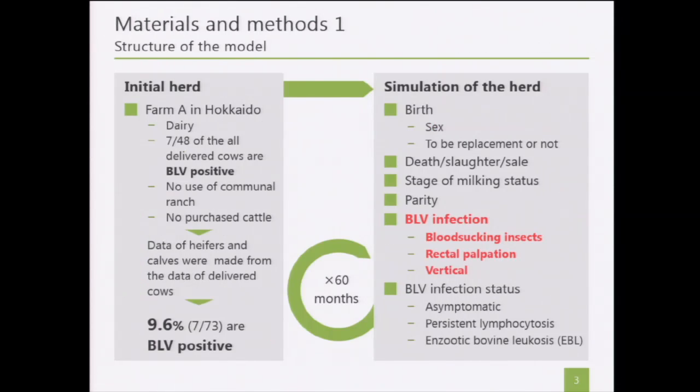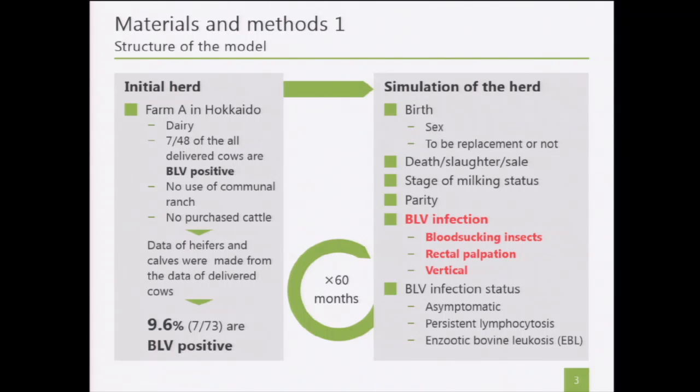This is the structure of the model. First, an initial herd was made, and second, the changes in the herd were simulated monthly. The initial herd was made based on a real dairy farm in Hokkaido. By testing all the delivered cows, 7 of 48 were known to be BLV positive.